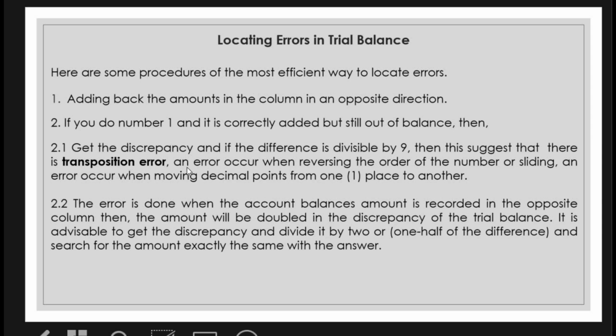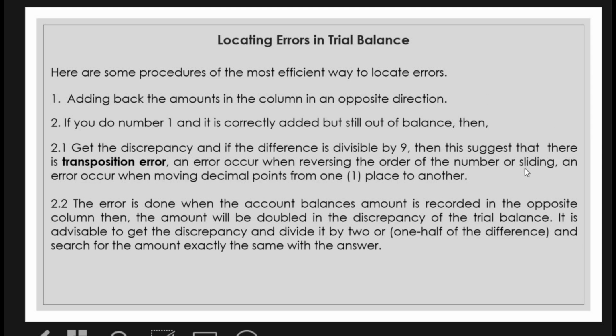So, ano itong transposition error? It is an error that occurs when reversing the order of the number, or a sliding error, an error that occurs when moving decimal points from one place to another. So, dalawa ito. One is transposition error, yung nagkambyo ang amount. Like, for example, imbis kay 56,000, pag-post mo, nahimo siyang 65,000.